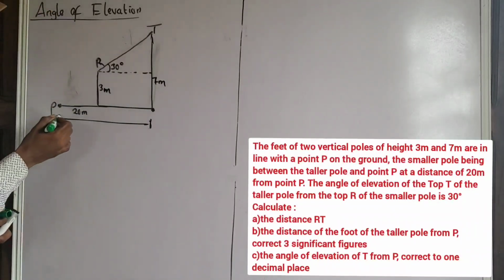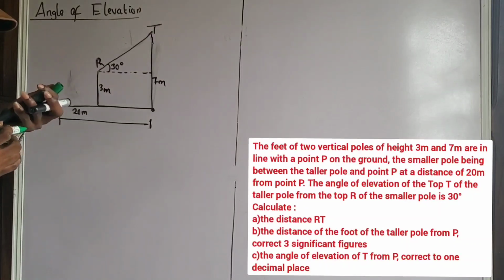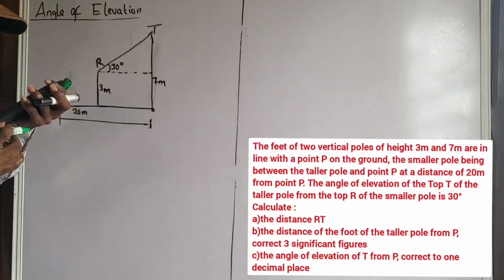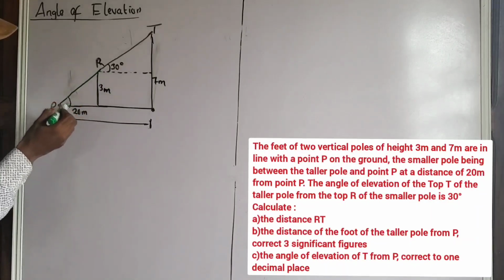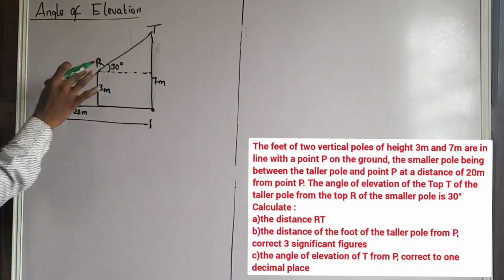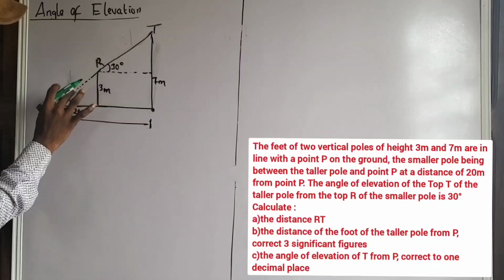So we are looking for this distance. Then we have to calculate the angle of elevation of T from P. So we are looking for another angle from P. This is the angle that you're looking for. Let me just put a sketch line.